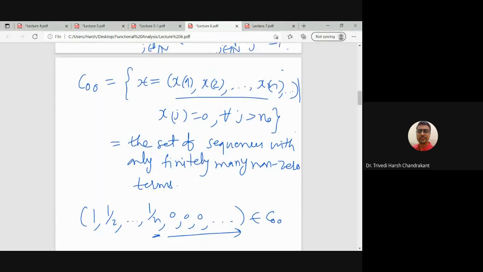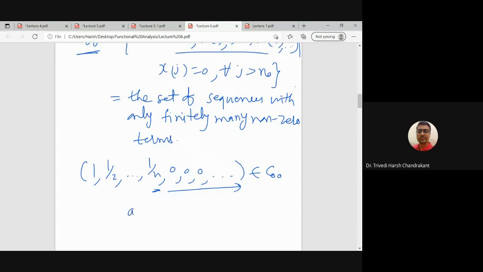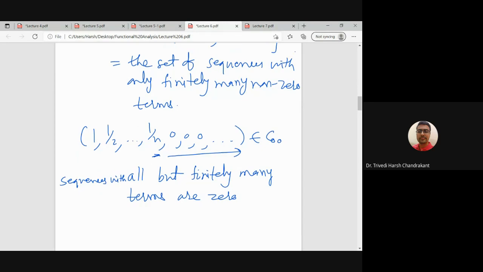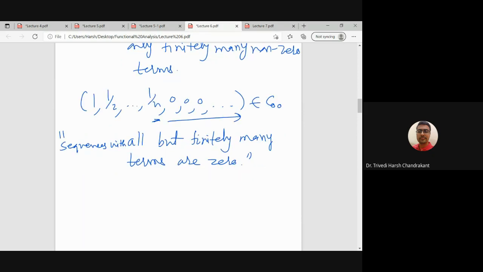Right? So this set is known as the sequences with all but finitely many terms 0. So this is an example.